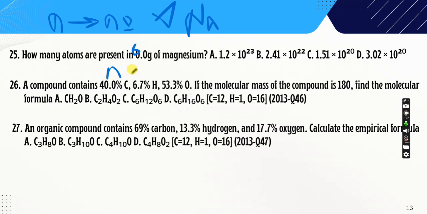The number of mole is mass over molar mass, that is 6 all over 24, multiplied by 6.02 multiplied by 10 raised to power 23.